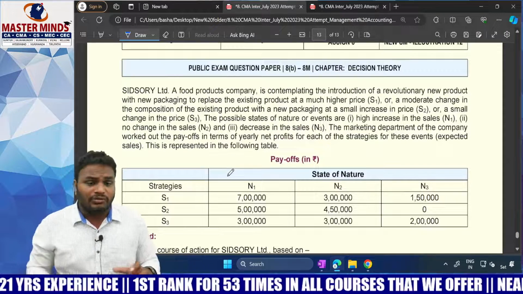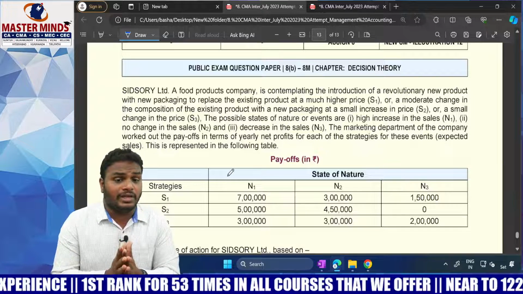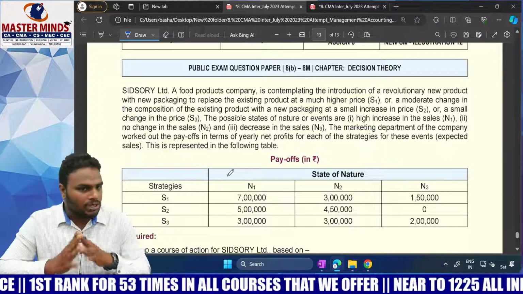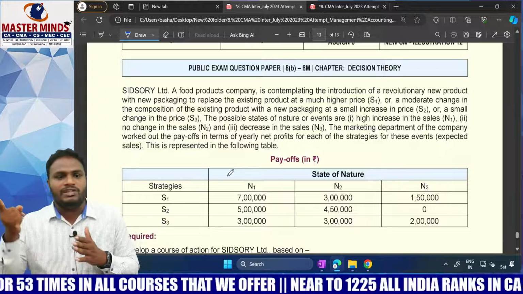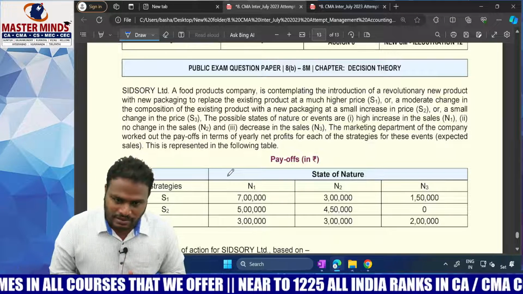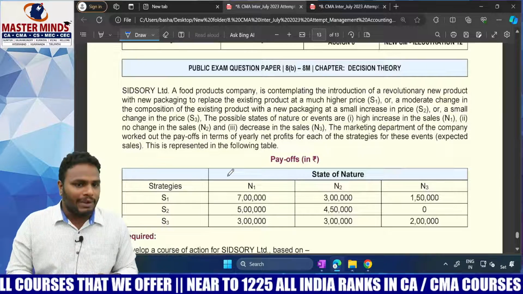While solving this problem, first identify whether the given matrix is a cost matrix or a revenue matrix. Why? Because the entire scenario will change when it is a revenue matrix. But here it is a cost matrix.